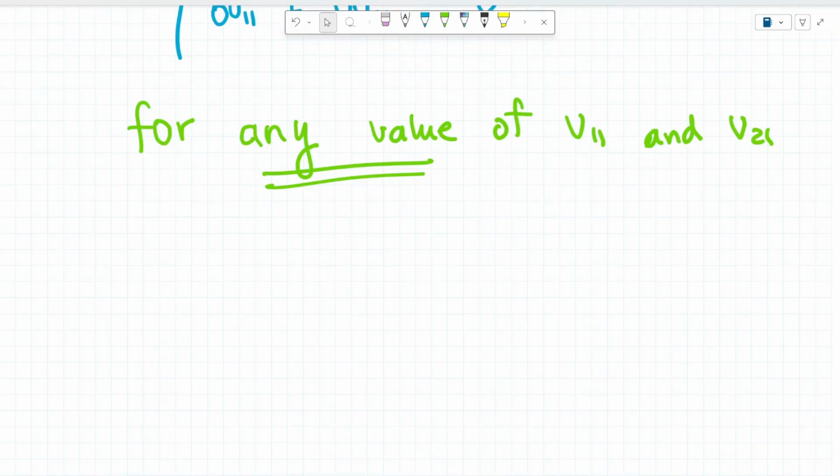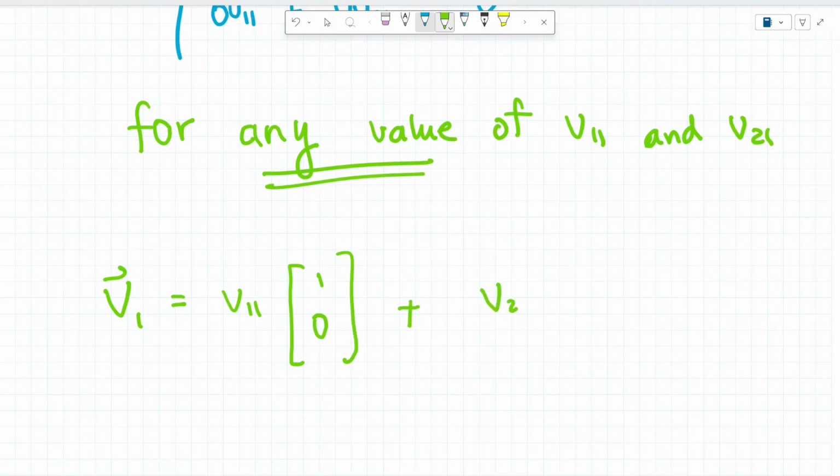Because this is satisfied like this, we can write our v1, our eigenvector, as v11 multiplied by 1, 0 plus v21 multiplied by 0, 1, because we said that it's satisfied for any value of v1 and any value of v2.